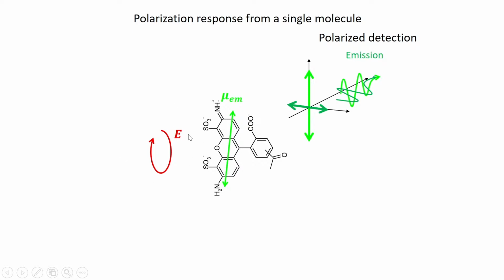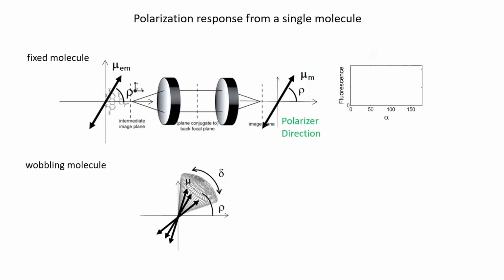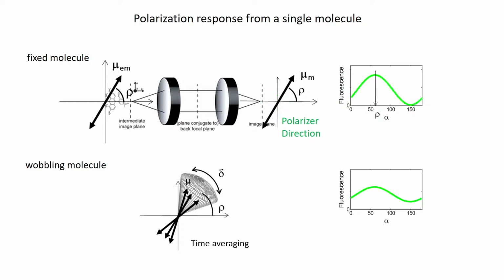So we excite our molecules with circular polarization, but we're going now to play with the detection path to introduce, for instance, polarizers. So in a way, it's working very similarly to what I showed to you before in the absorption tuning. Here, what we will do is rotate a polarizer at the detection path of the microscope, and we will detect a modulation, which is now due to the orientation of this emission dipole.